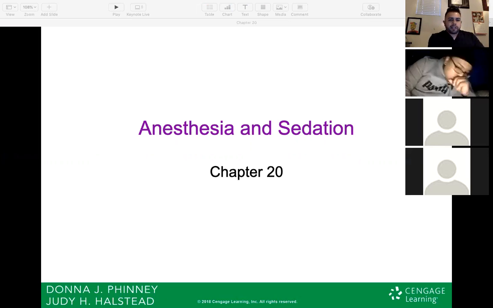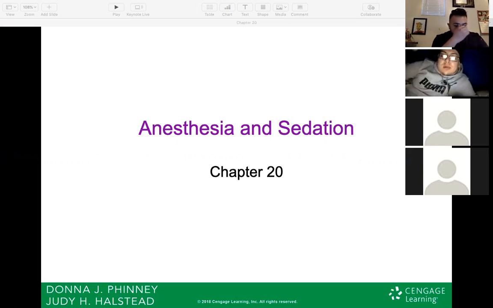I'm going to go over some learning objectives for this chapter. Chapter 20 will describe some methods used to manage pain and anxiety associated with dental procedures. We'll explain various topical anesthetics and talk about some local anesthetics. We'll talk about the injection sites for the upper and lower teeth, and I'll explain where exactly those are and what they do.